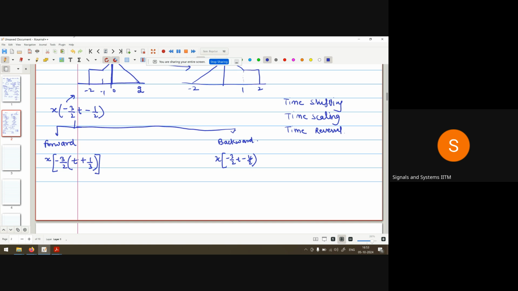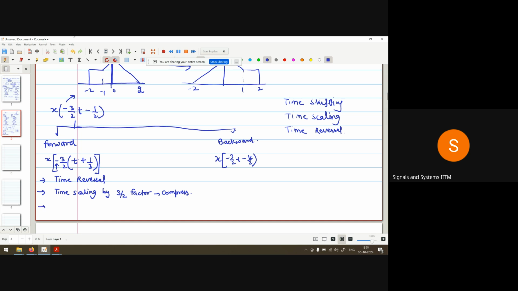Now in the forward path, the first step is this minus sign, time reversal. Then time scaling by the 3 by 2 factor, and this 3 by 2 factor basically compresses the signal.